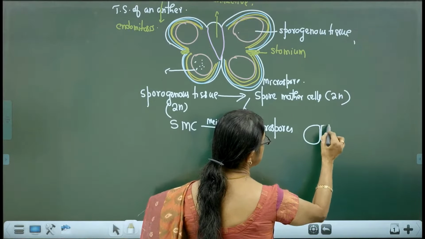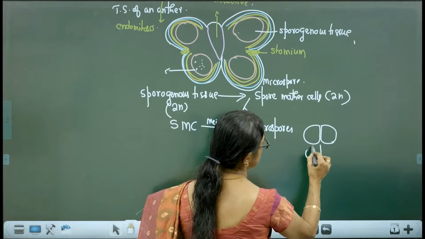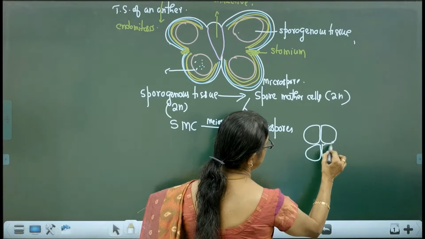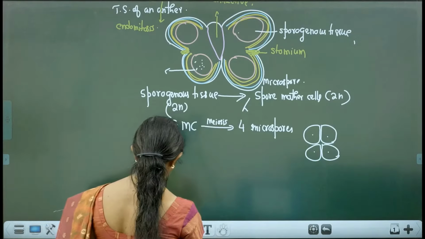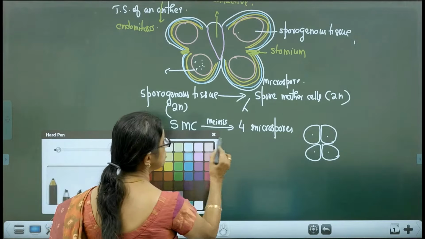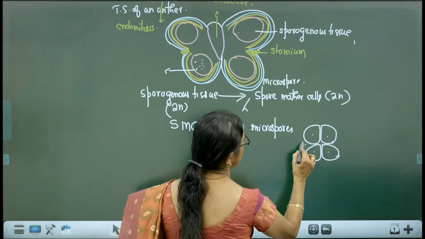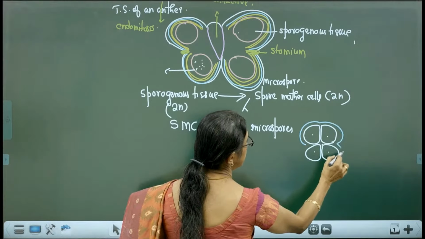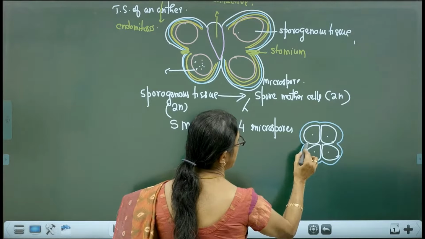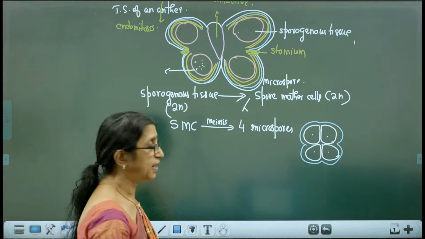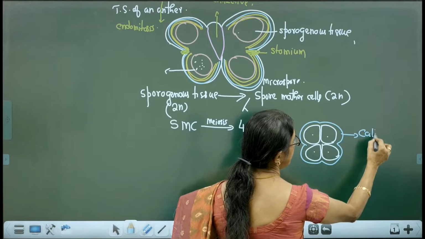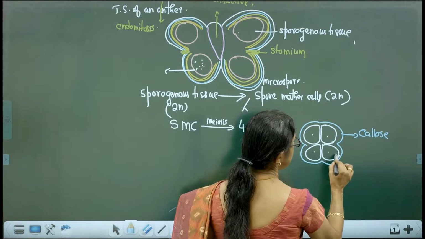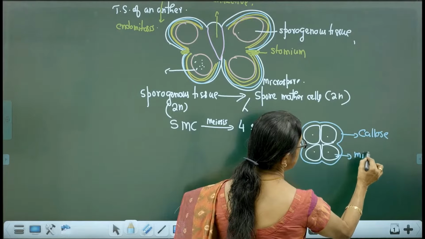This is an isobilateral tetrad with 4 microspores, and all the spores are held together by a common outer structure, and that is called a callose. The binding structure is called callose, and each cell is known as a microspore.